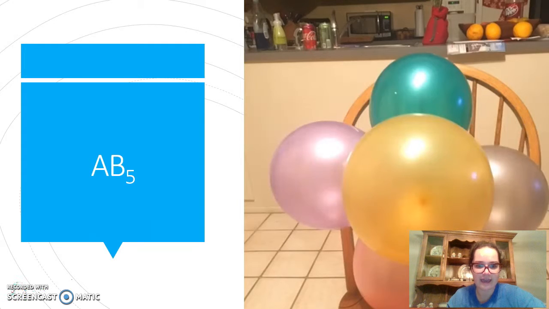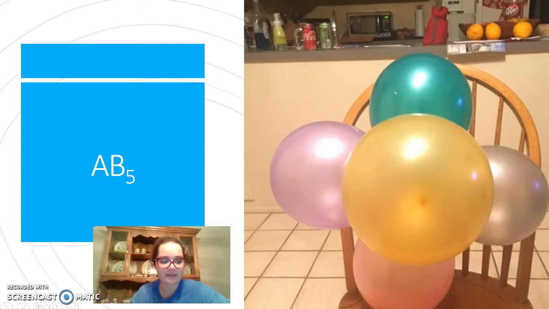Next, we have the AB5 model, and in the AB5 model there are 5 electron domains. The central atom, which is behind this gold atom, in between all of the different atoms, would be connected to these 5 different balloons, or 5 different atoms in this case.